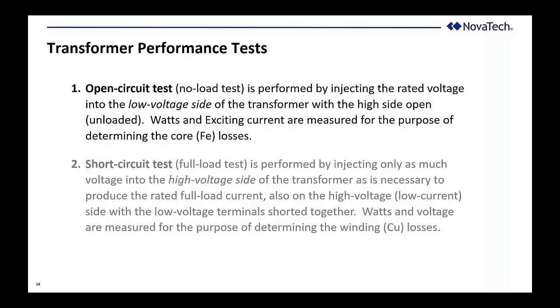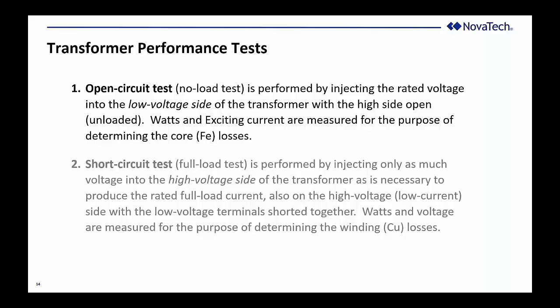The two tests that we're concerned about are the open circuit test, which is also called the no-load test. It's performed by injecting the rated voltage on the low side of the transformer with the high side open. 12,470 is a voltage that a manufacturer of transformers can generally develop.